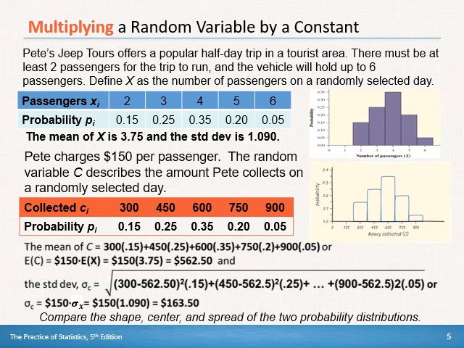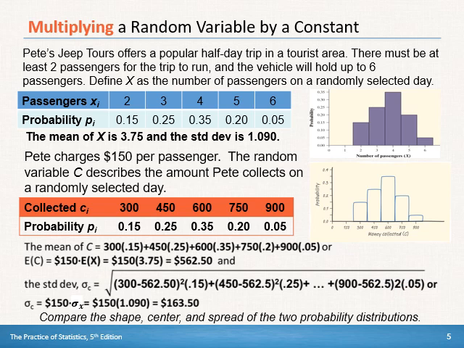And then standard deviation. Remember, for standard deviation, we're going to take each value of c and subtract the mean. We square it, multiply it by its probability, do that for each of the values, add them all up, and then take the square root.